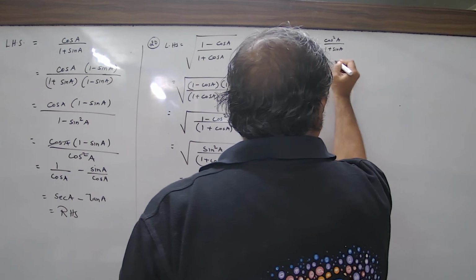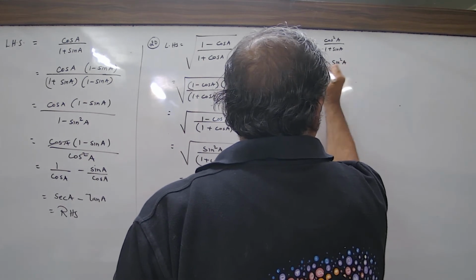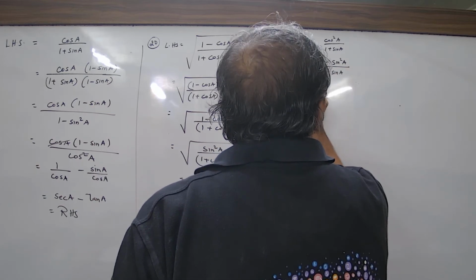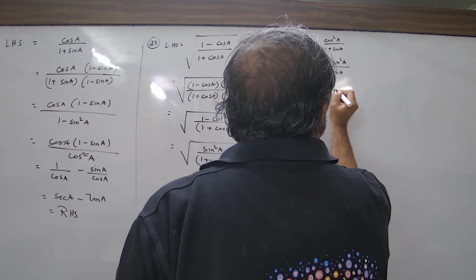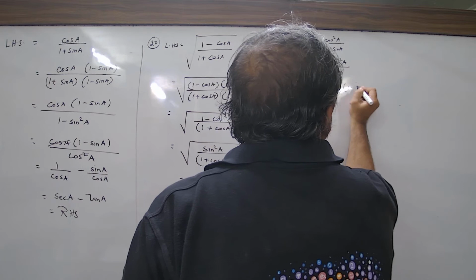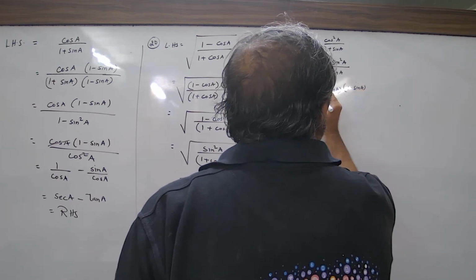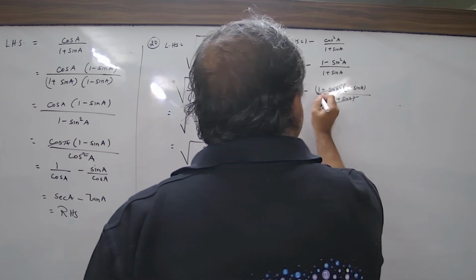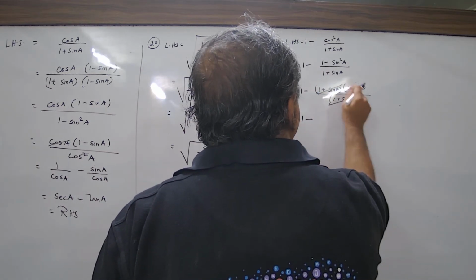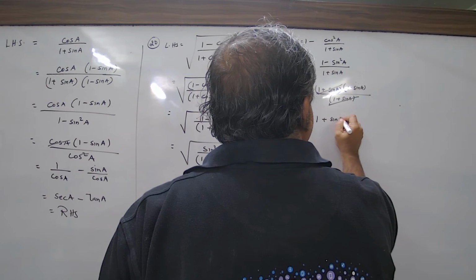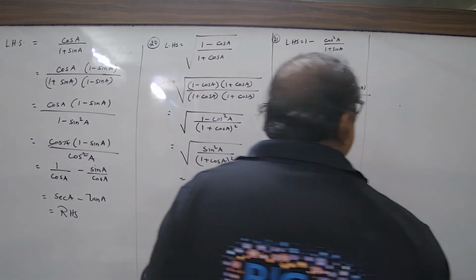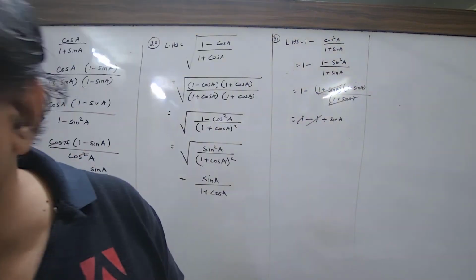So cos squared A, I will write as 1 minus sin squared A. A squared minus B squared is A plus B, A minus B. Cancel. 1 minus 1 plus sin A over is equal to RHS. Did you understand?